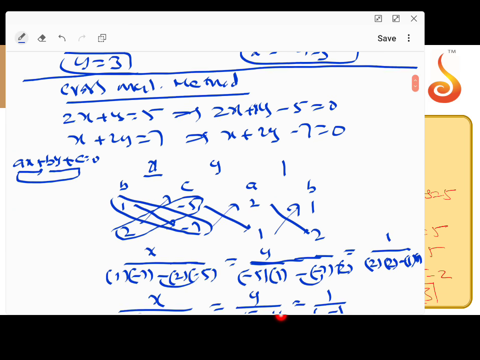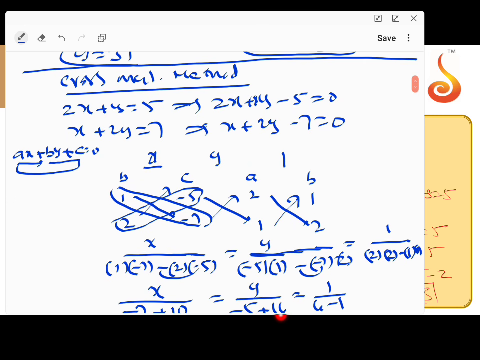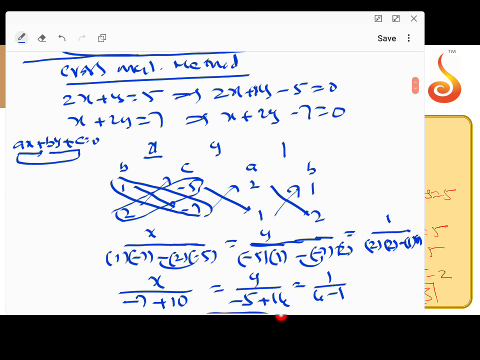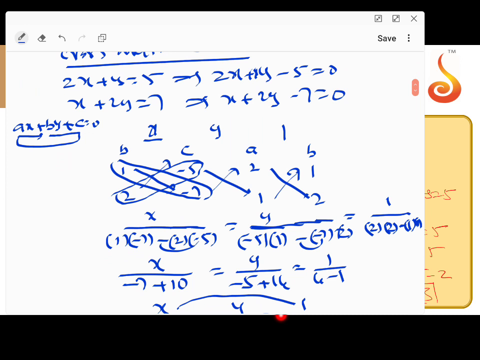I hope it is clear now. Once again, what is the cross multiplication method? Let us take the two equations, bring all the terms to one side. Now next, write the unknowns x, y, 1. On the left side of x, you take the b, c, a. B means y coefficient, c means constant, a means x coefficient, b again y coefficient.